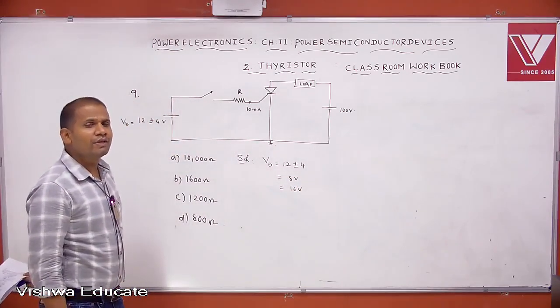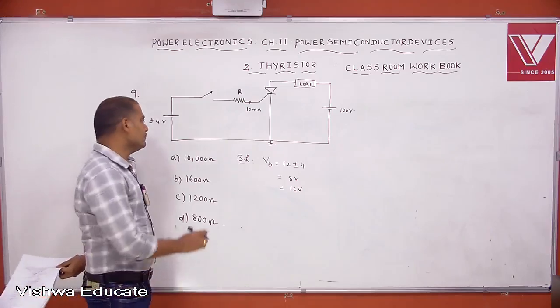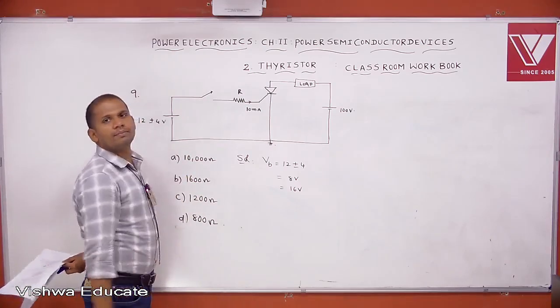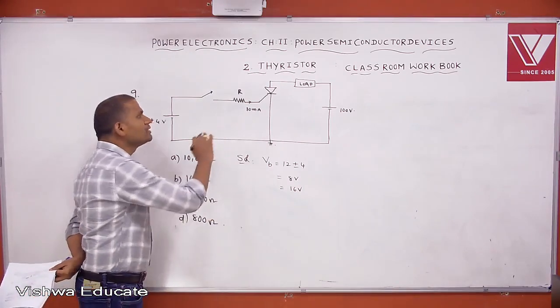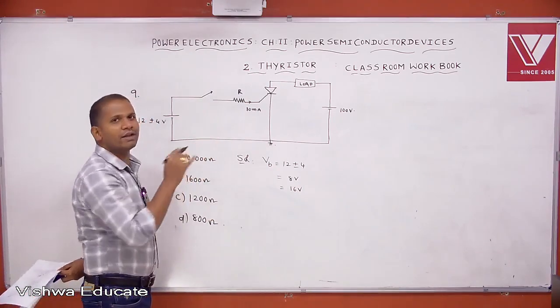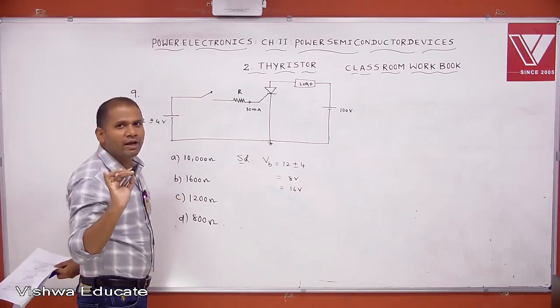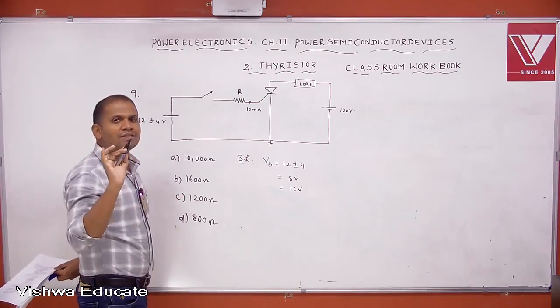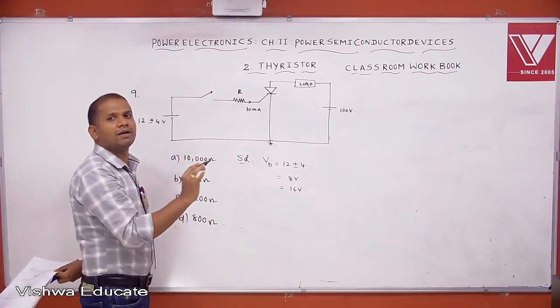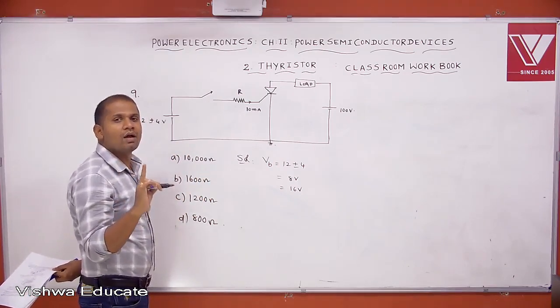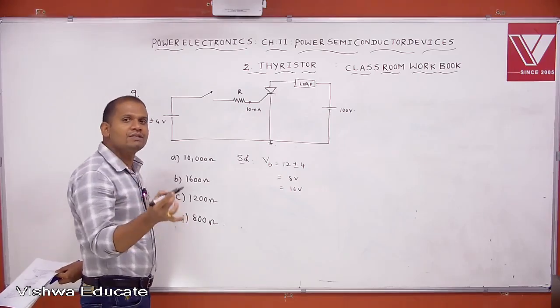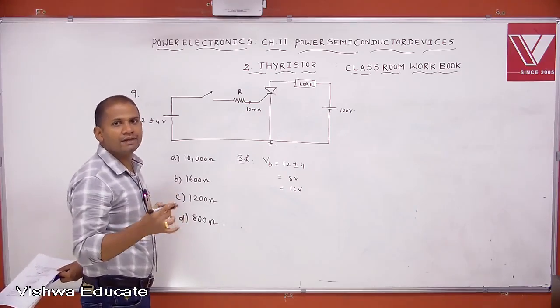One way of solving this problem is to check the options. According to the options, we can find how much resistance we can connect for reliable turn on. For reliable turn on, whatever resistance is connected must drive 10 milliampere or above. If it drives below that, it is not possible.